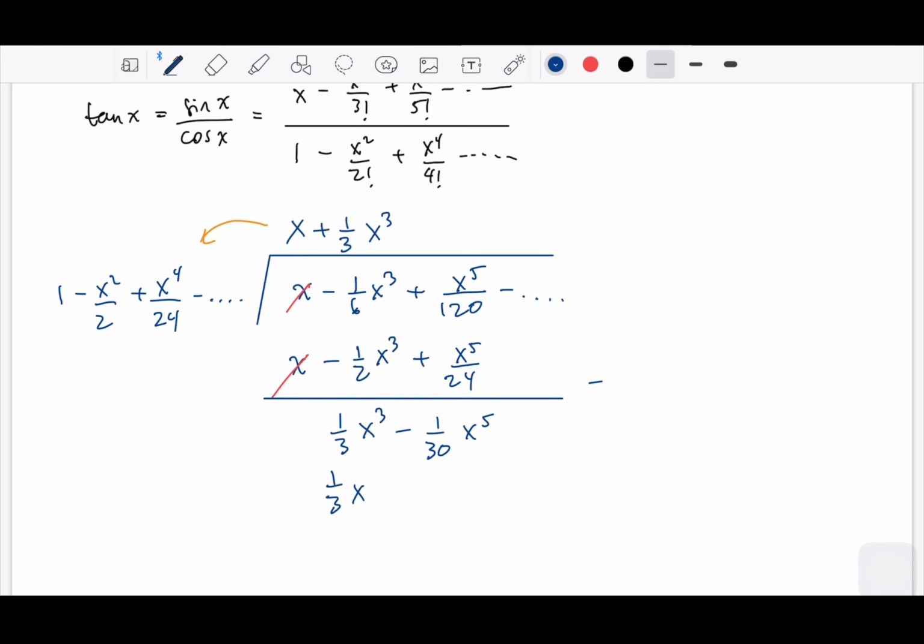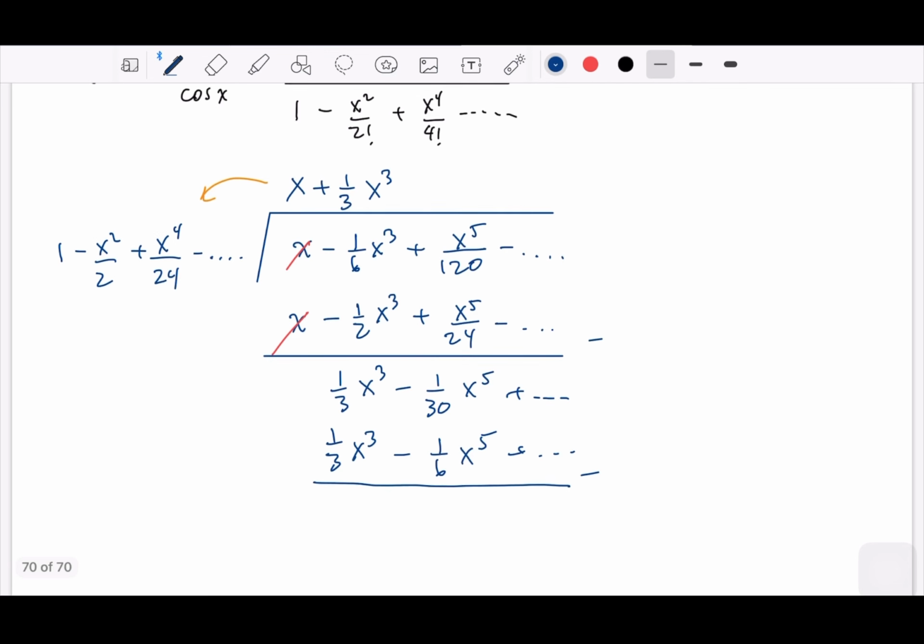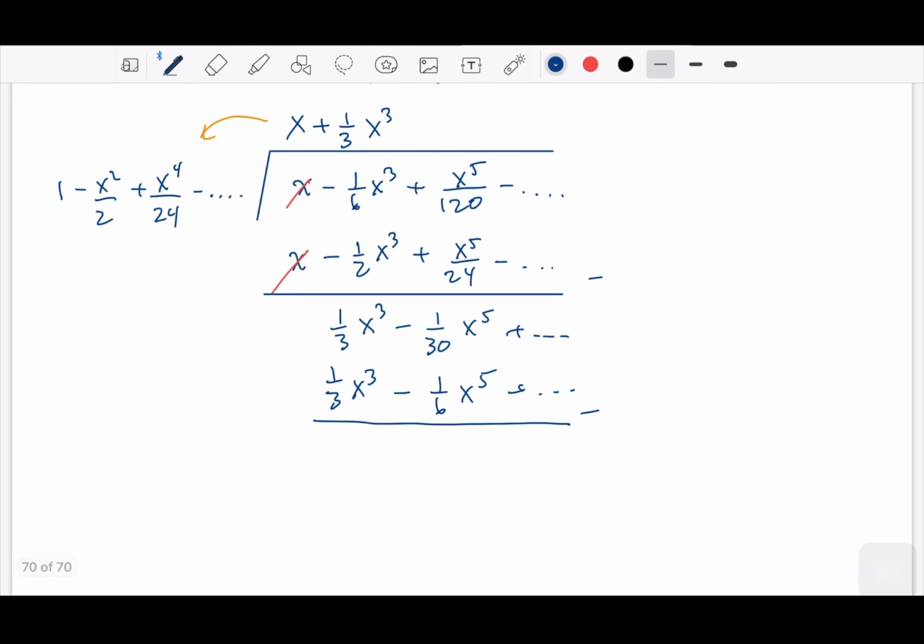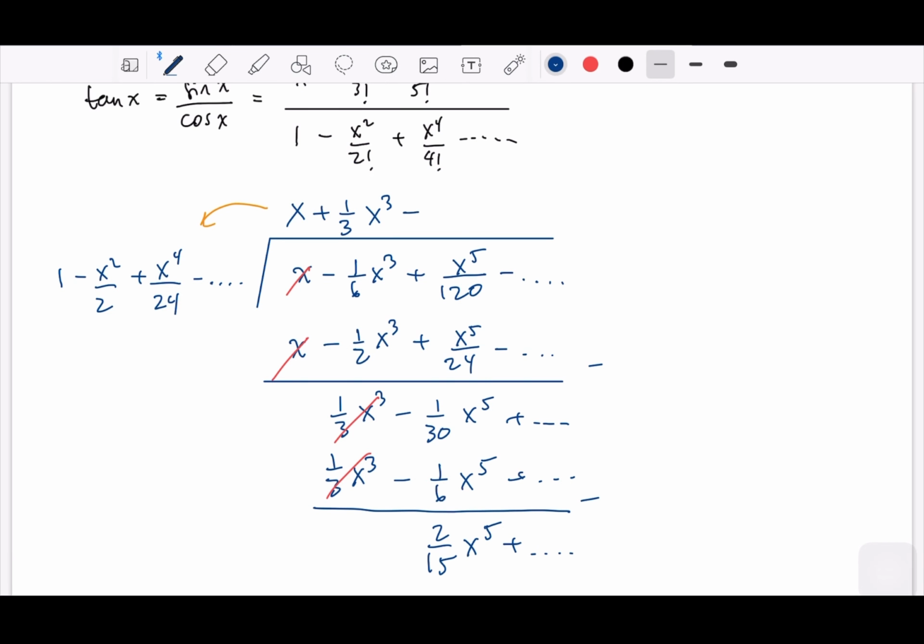So we have 1 over 3 x cubed minus 1 over 6 x to the 5. Cancel this. 1 over 30 minus 1 over 6 is going to be 2 over 30... to 3 over 30... to 2 over 15. And we have plus 2 over 15 x to the 5 plus dots.